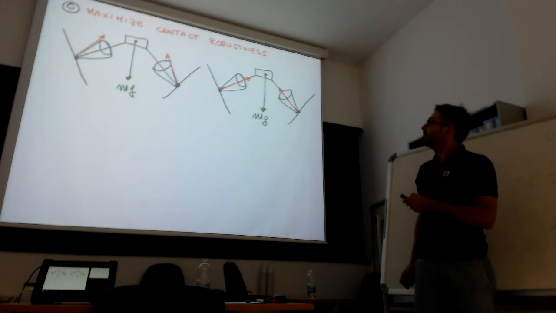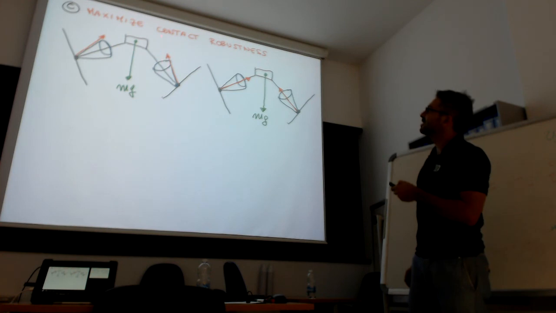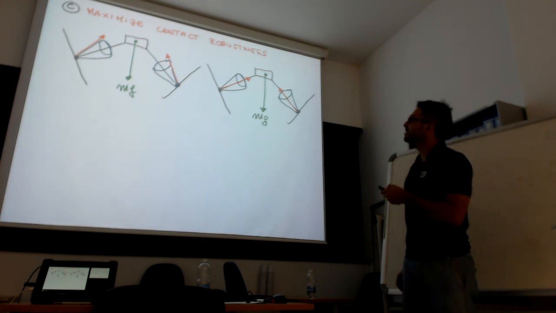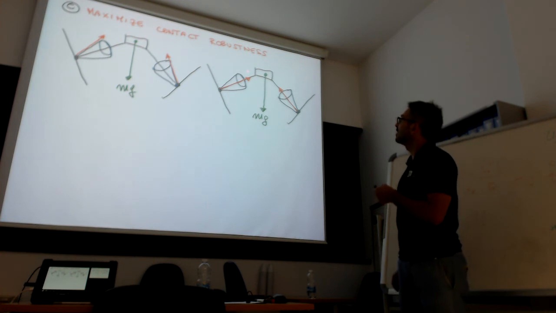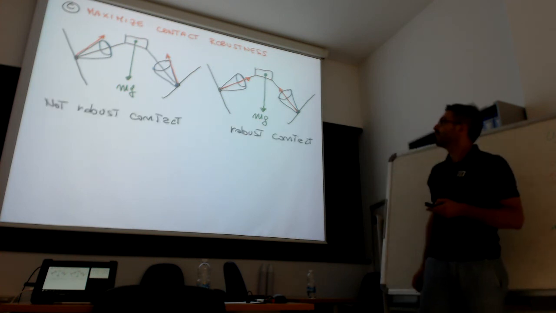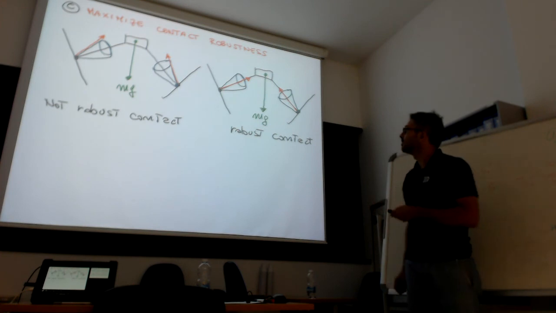Yeah, so here the friction cones are satisfied, but very marginally on the boundary, while here they are well inside the middle of the cone. So this situation is not robust, and this situation is robust, is what we want.